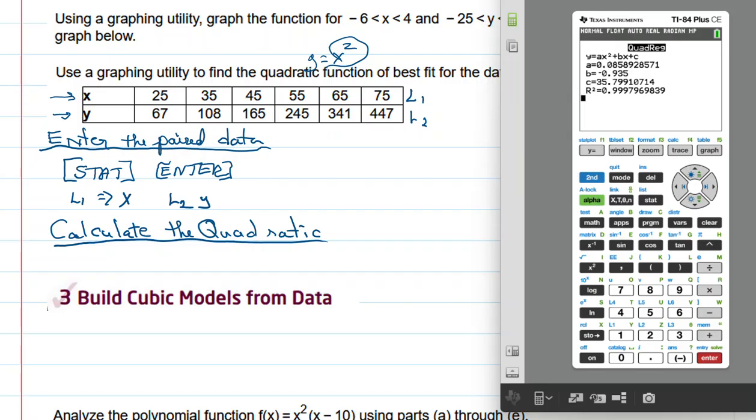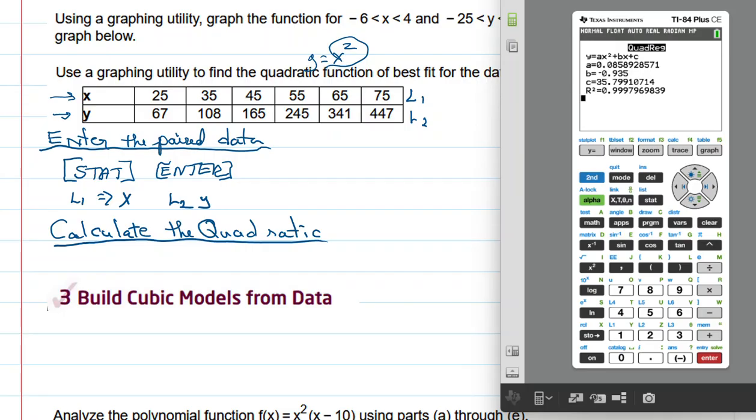Okay. R is a regression coefficient, and it tells us that this data is really strong. Okay, that it is a function. And you would never really put that many decimals, would you? No, no. So you have to understand that this is ax squared plus bx plus some c. So we're finding a to be a positive 0.086.